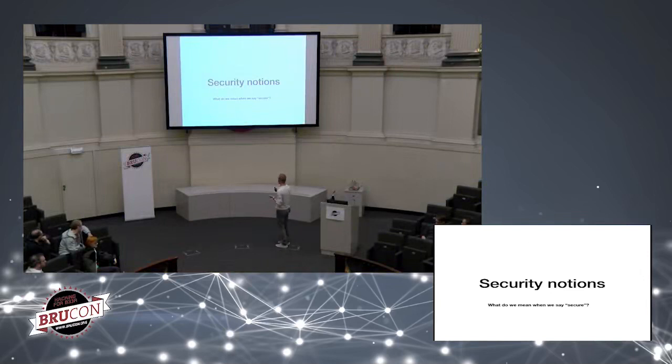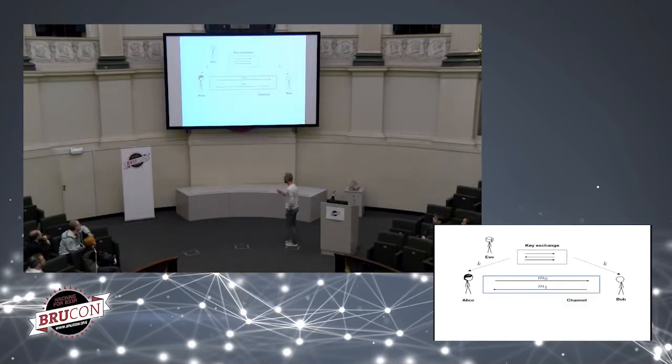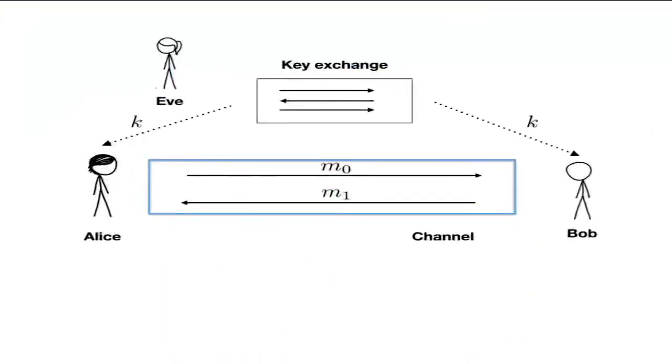Okay. So to set up our very simple game, or our very simple model, we're going to have Alice, which you can see here. We're going to have Bob, which you can see here. We have this channel, which Alice and Bob can exchange messages on.